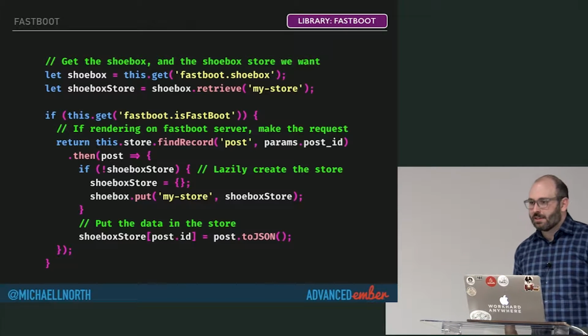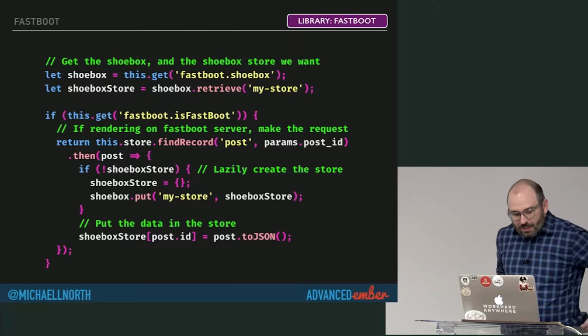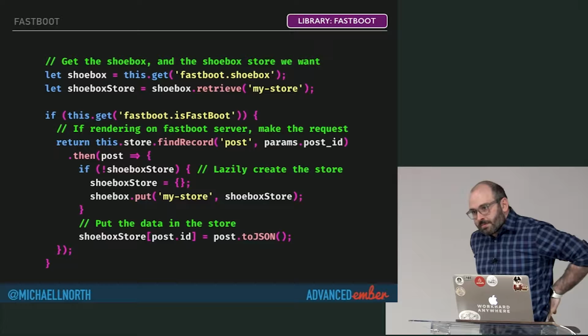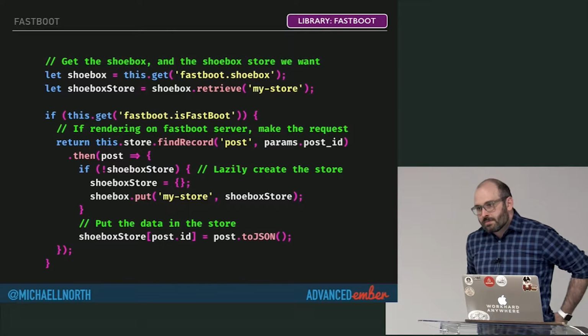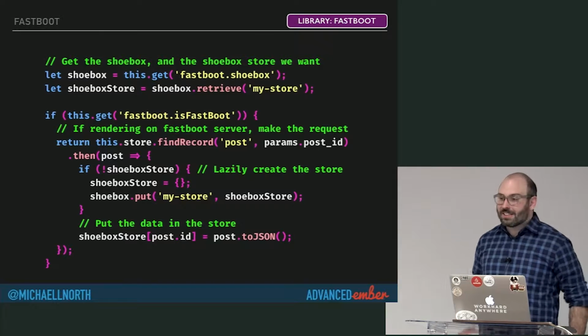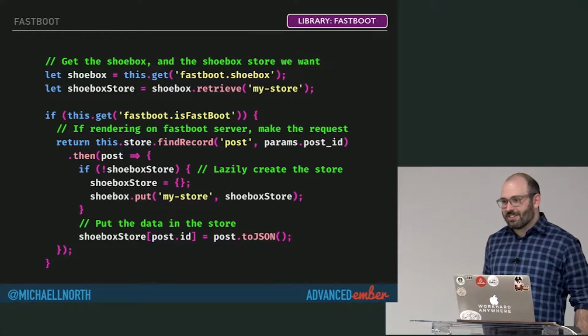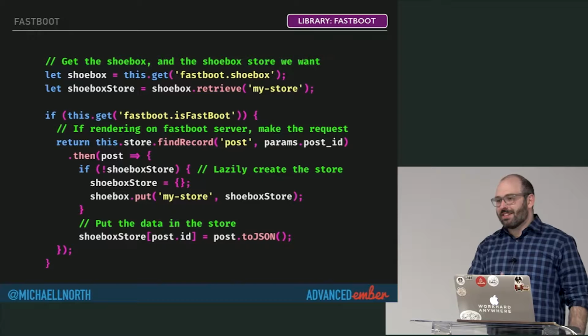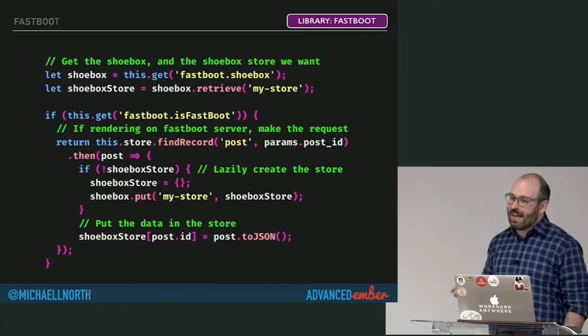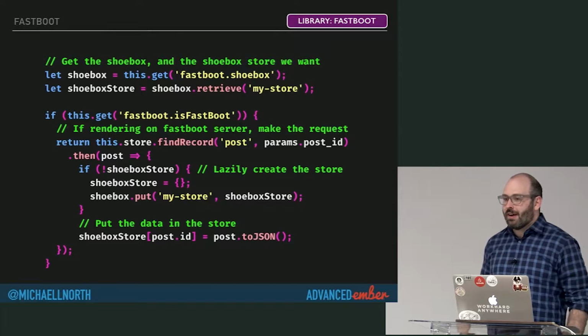So will you then guard against the shoebox not existing? Then we're working in dev mode on localhost, and we're just going to make a request to Mirage or whatever, how we normally would? Yeah, so it's a little involved, as you're seeing there. And this is why Ed Faulkner has Ember Data Fastboot, an add-on that does a lot of this stuff for you.